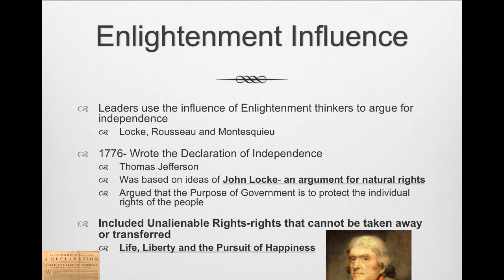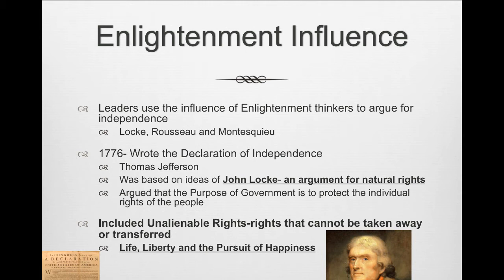They do this because, if you remember, Locke says that if a ruler is unjust, then the people have a right to rebel against him. And so the Declaration of Independence is pretty much the colonists saying, we feel like our ruler has been unjust, therefore we have the right to rebel against him.